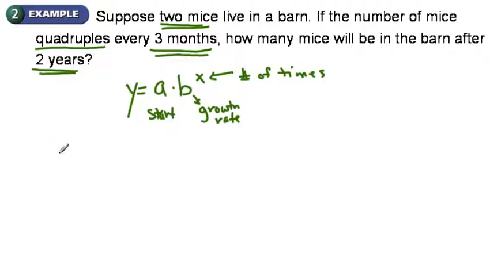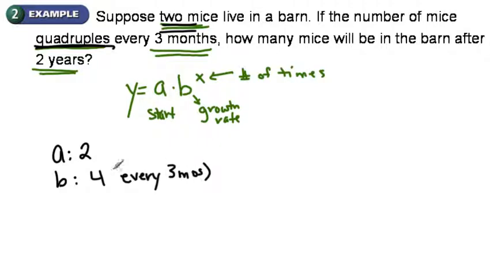All right, so starting amount. We start off with 2 little bitty mice. Our growth rate, we are quadrupling, so this is going to be 4. And now it says it's 4 every 3 months. I'm going to put this in parentheses.